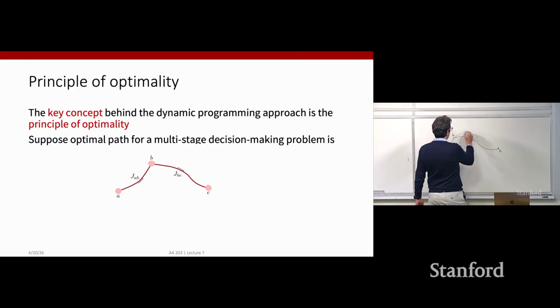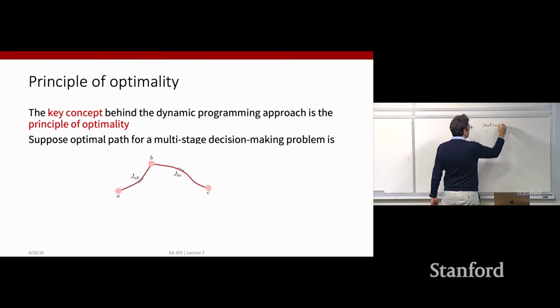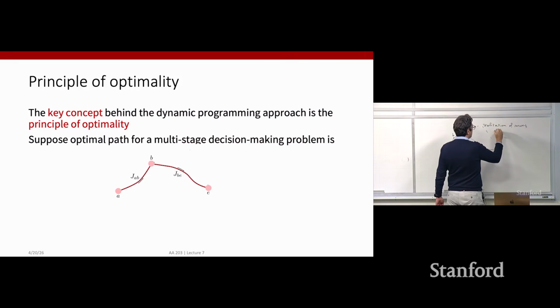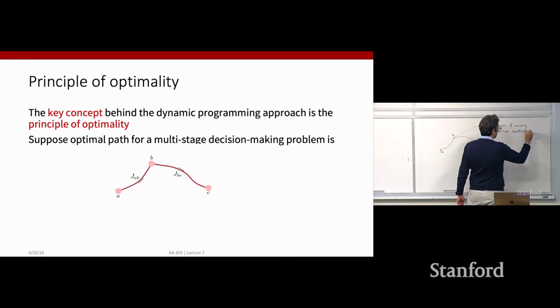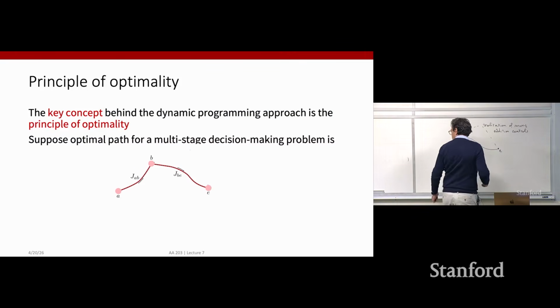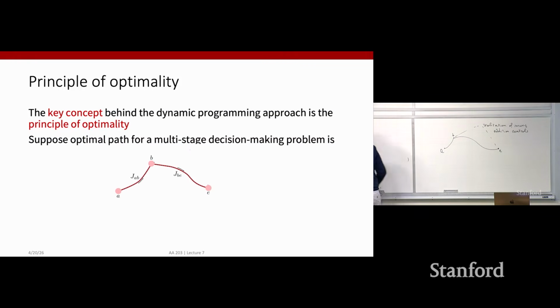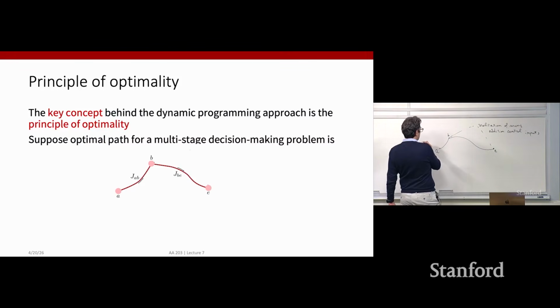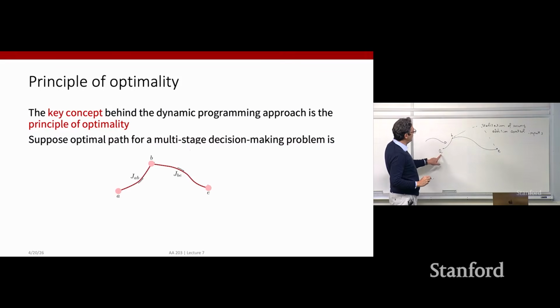So this piece here is the realization of many additional control inputs. Now, let's call the cost of transitioning from A to B along this path J_AB.